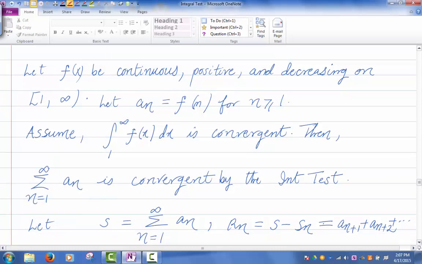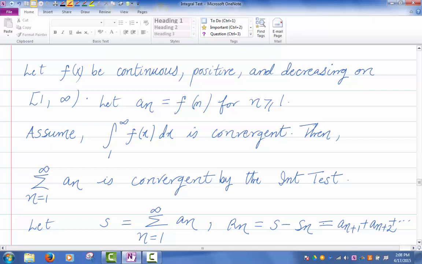So let's say I have a function f which is continuous, positive, and decreasing on the interval from 1 to infinity. Let's say I am defining a sequence an by taking an to be the same as f of n for n bigger than 1.